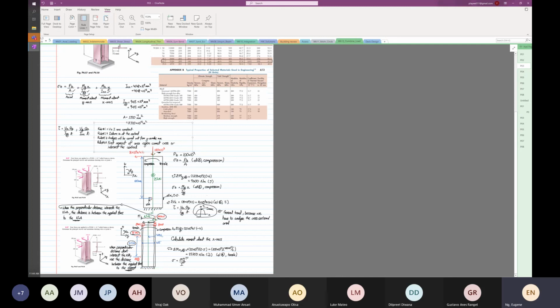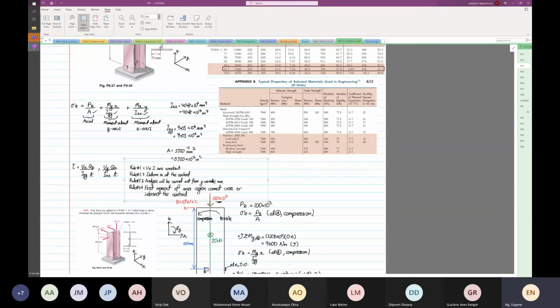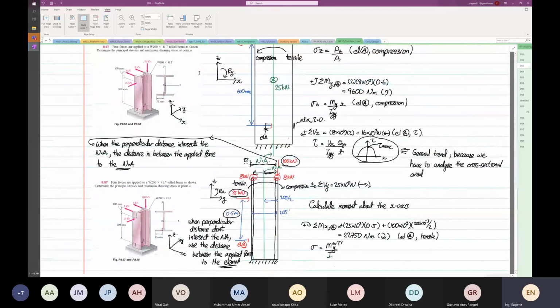So based on Vy, the 25 kilonewton, element A is at the furthest distance from the neutral axis for Vy.